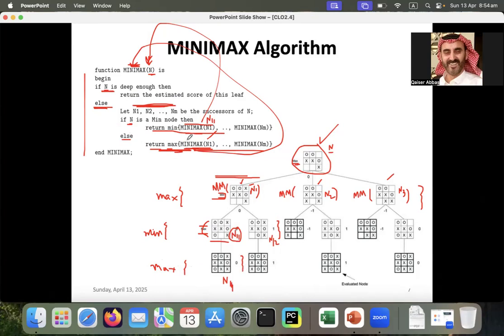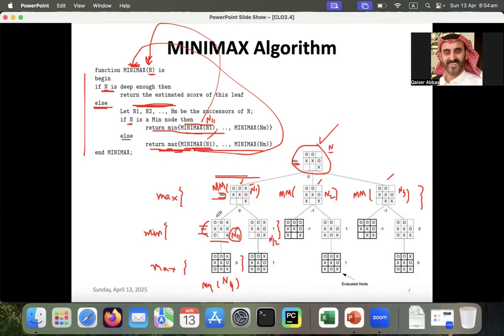And here you are calling minimax with this N111.